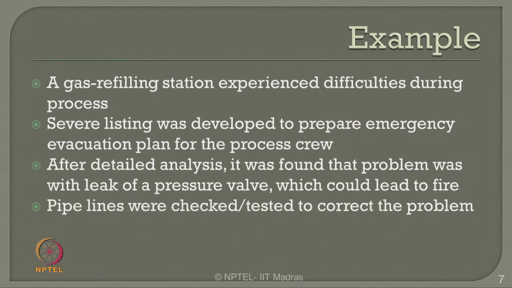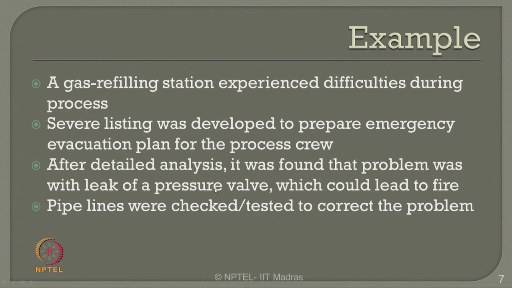Therefore, the pipelines were subsequently checked and tested to correct this problem, and in this simple illustration one can easily understand that hazard identification during a process, like identifying a leak in a pressure valve, is difficult, because a pressure valve will have a leak only when the pressure crosses a specific threshold value of the valve.